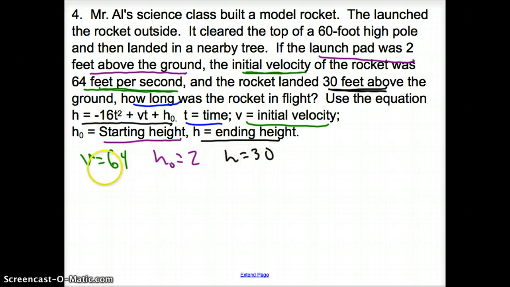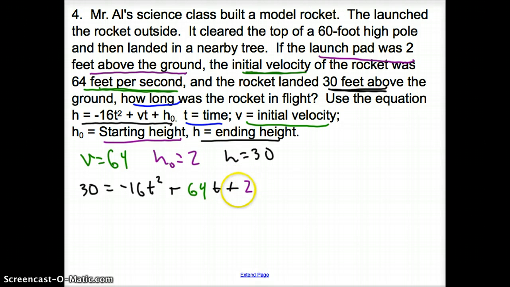So height now was 30, and that equals negative 16t squared from our equation, plus our velocity 64t, and then plus our height of 2.